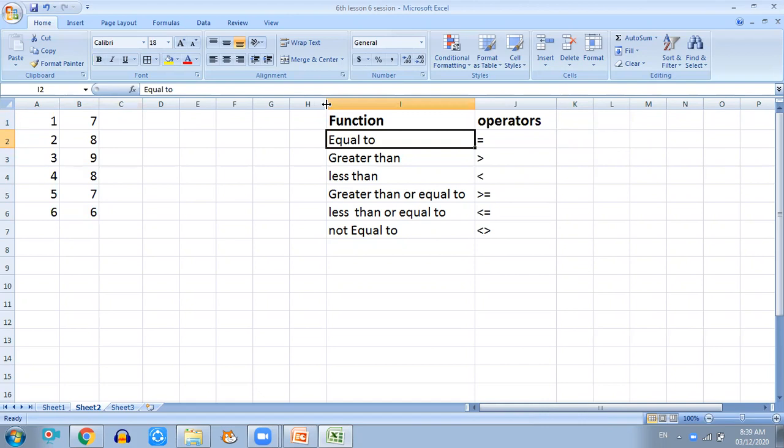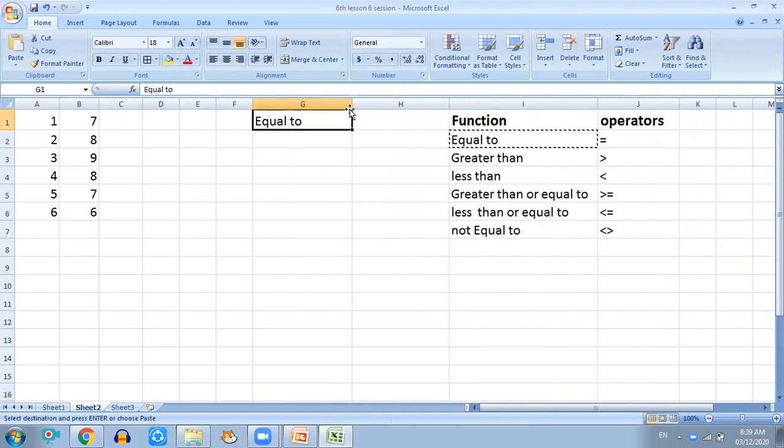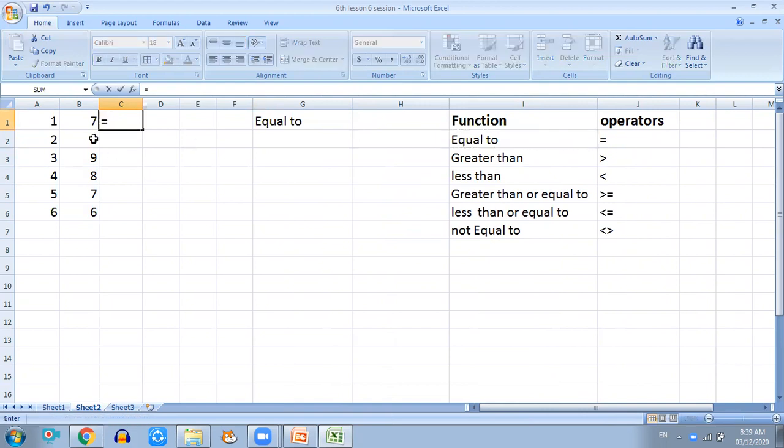First we will use equal to, so the answer of equal to we will get here. What is the formula? We have to enter the formula given in your textbook: A1 equal to B1.